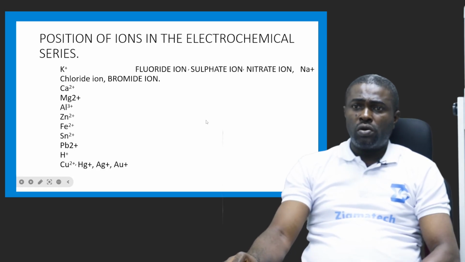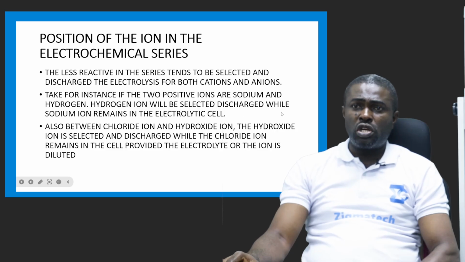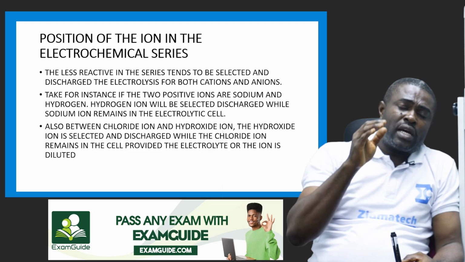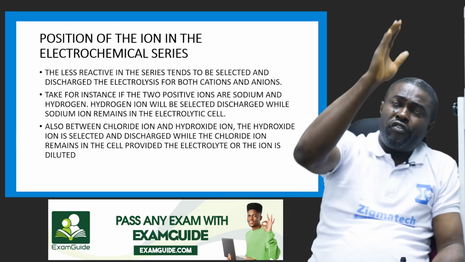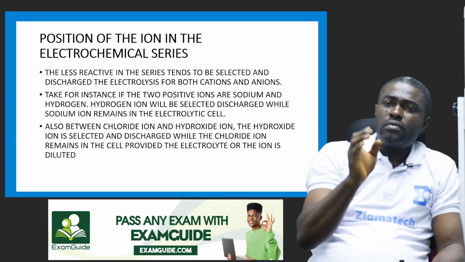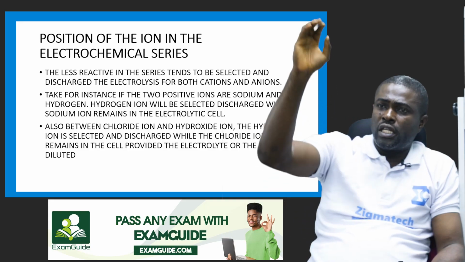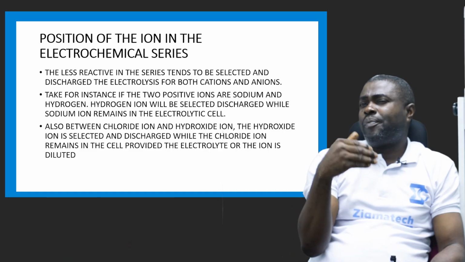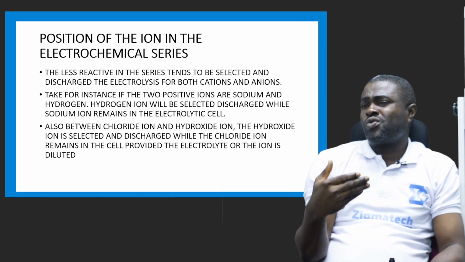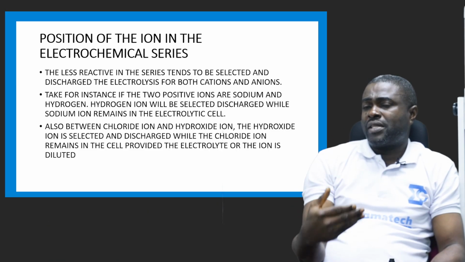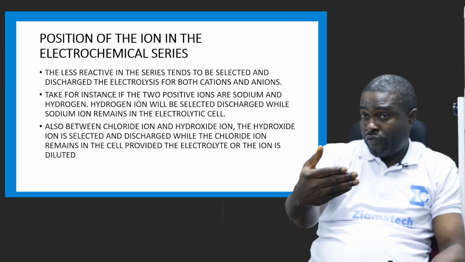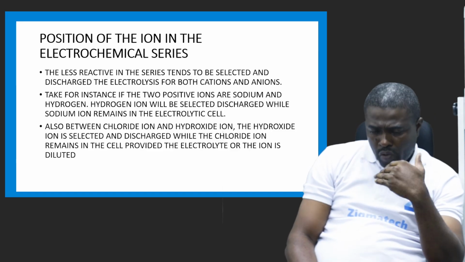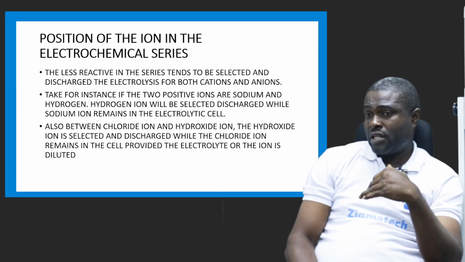So let's look at the position of ions in the electrochemical series. I'm going to write the electrochemical series for the positive ions and that one for the negative ions. We now look at how their position can help us to know which particular ion will move out and which one should go back and stay in the electrolytic cell.